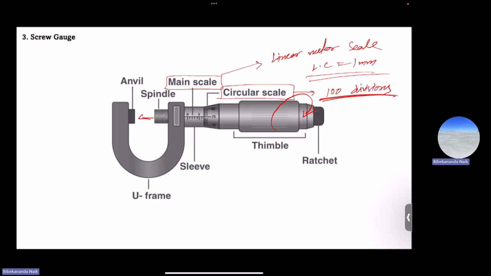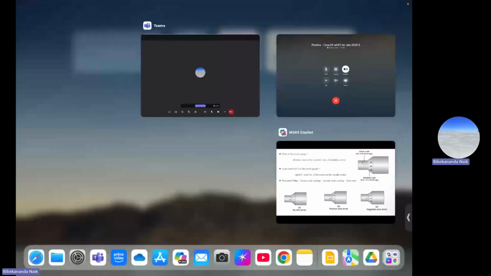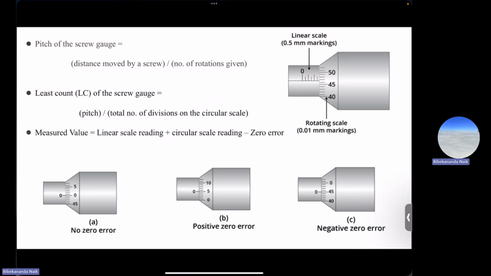Depending upon the error that might be present while we are measuring the zero reading, we have three different cases, like for slide calipers, which we discussed in the last interaction session. It had a zero reading, and there are errors corresponding to the zero reading. Sometimes there might be zero error present in that initial reading.